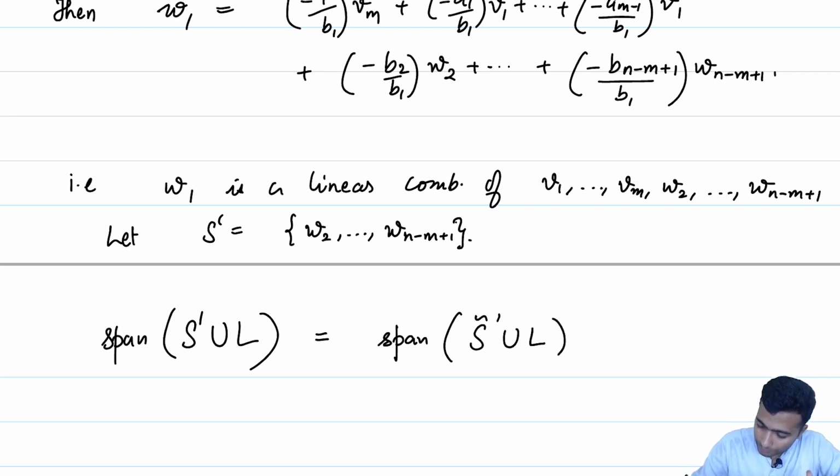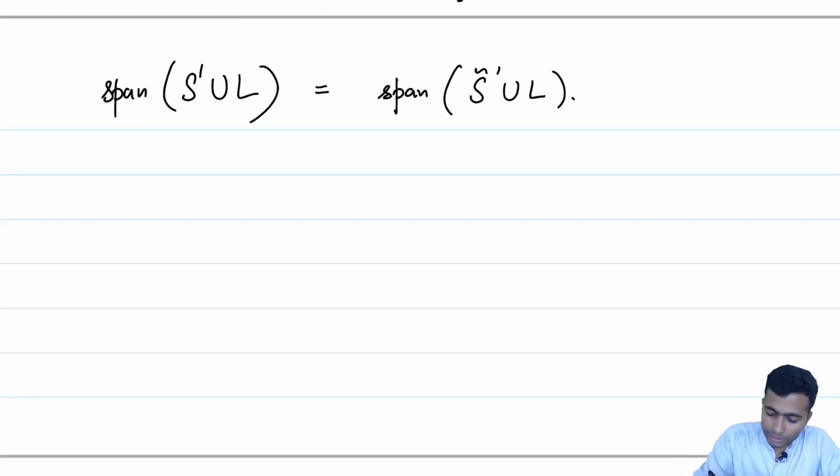S prime union L has the same span as, my first claim is that this is, S tilde prime union L, because W1, if you notice, is in the linear span of v1, v2 up to vm, w2 up to wn minus m plus 1, and by using a theorem from the previous video, because the vector is in the span, the span after removing it is preserved.